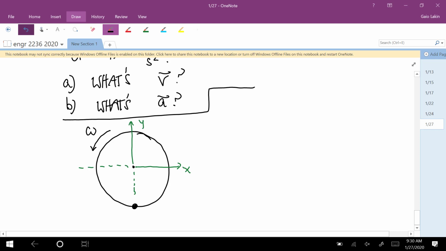And it's slowing down, which means that the angular acceleration has to be clockwise. They have to be opposite. Those are not vectors, actually. I mean, omega and alpha are vectors, but we're going to have to come up with the components. Those are just describing them as a circular path. The vector is just an arrow, either out of the board or into the board.